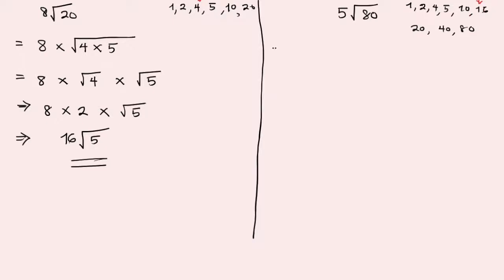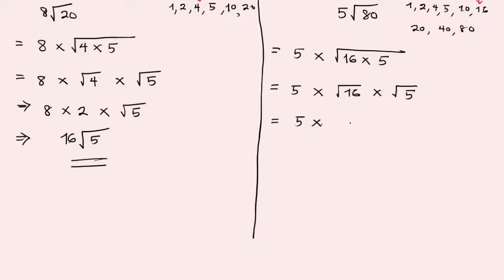So we can rewrite this as 5 multiplied by, we break this 80 down into 16. Now we have to multiply 16 by 5 to get 80. So that's that. And so this can be written as 5 multiplied by the square root of 16 multiplied by the square root of 5.